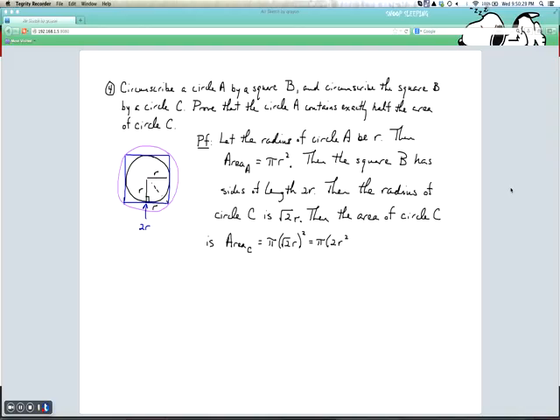And then you square the square root, you get 2 and r squared. So this is 2 pi r squared. Then the area, well, I can use it then, use my notation.